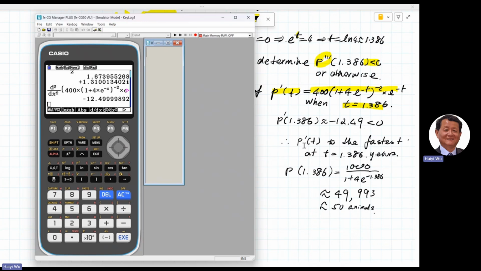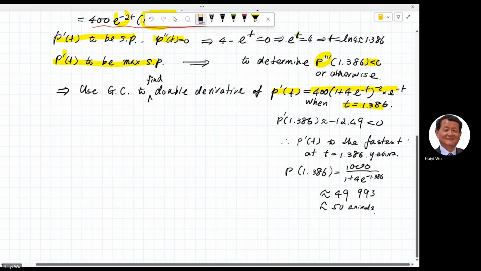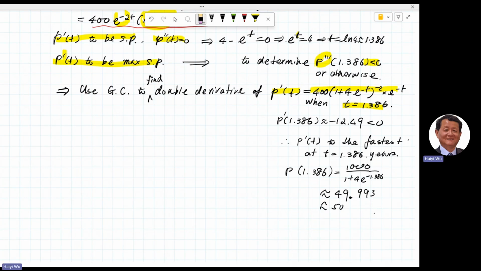Therefore, P'(t), which is the growth rate, is fastest, so a maximum, when t equals 1.38 years. Now we know it's a maximum, which is the fastest growth. So we substitute into the original population and find it was about 50.